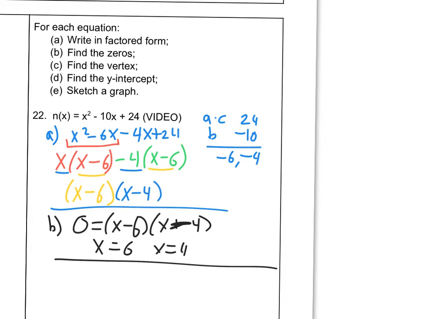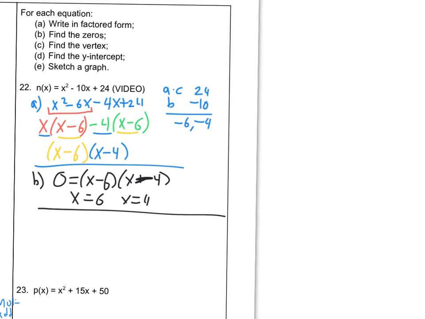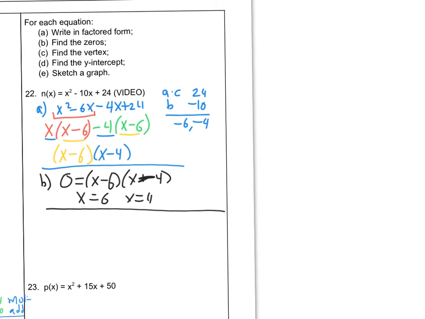C, find the vertex. If you'd like, you can find the vertex exactly between those, or you might use a tool from the next page, which is the quadratic formula stuff, and know that x is equal to negative b over 2a. We talked about that as always the vertex, which in this problem is going to be negative 10 divided by 2 times 1, which is 10 over 2, which is 5.